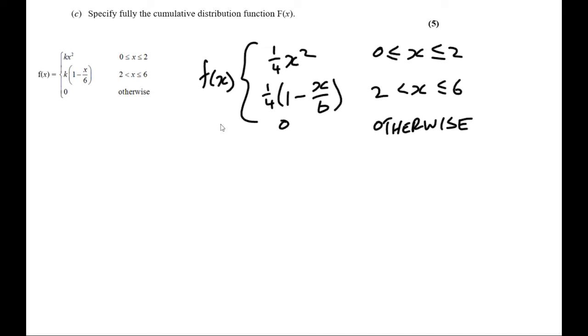Okay, so a reminder, for us to find the cumulative distribution, we need to integrate each of these functions in between x and the lower limit that the function is valid for.